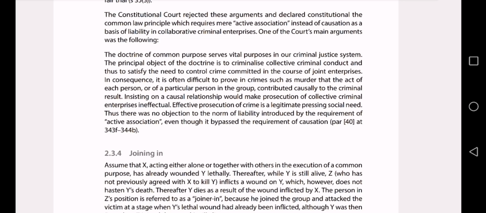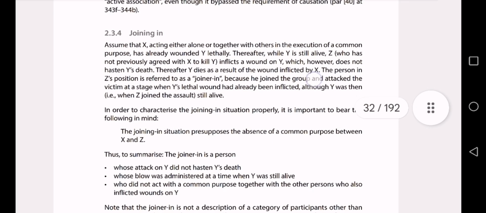Joining in. Assume that X, acting either alone or together with others in the execution of a common purpose, has already wounded Y lethally. Thereafter, while Y is still alive, Z, who has not previously agreed with X to kill Y, inflicts a wound on Y, which however does not hasten Y's death.